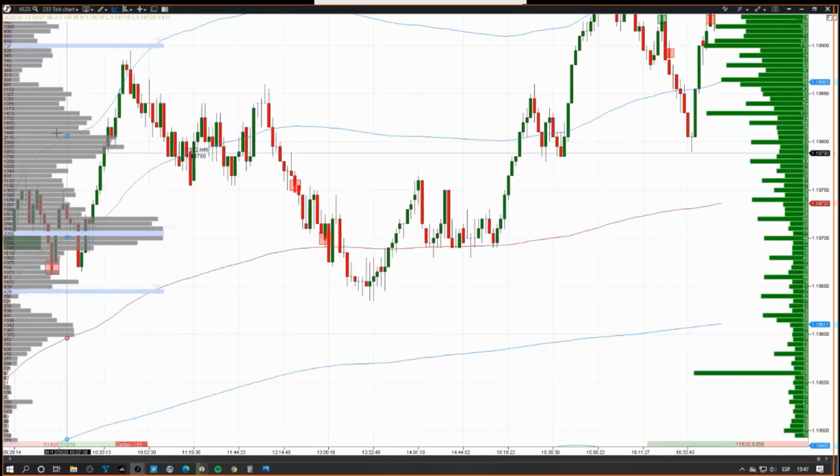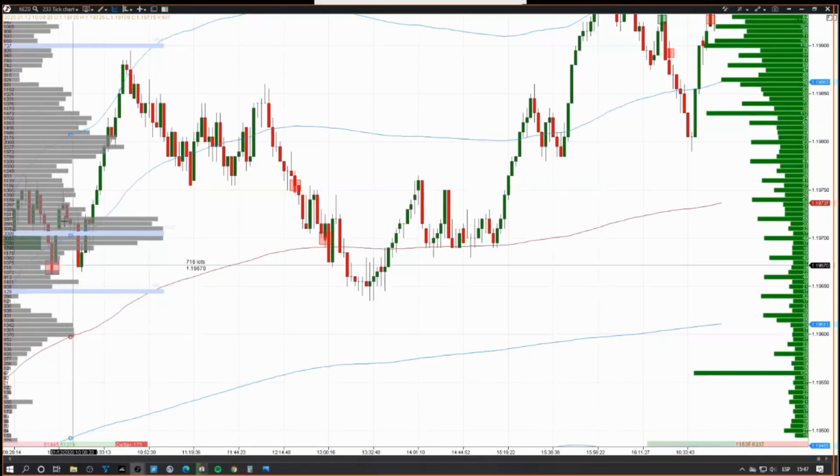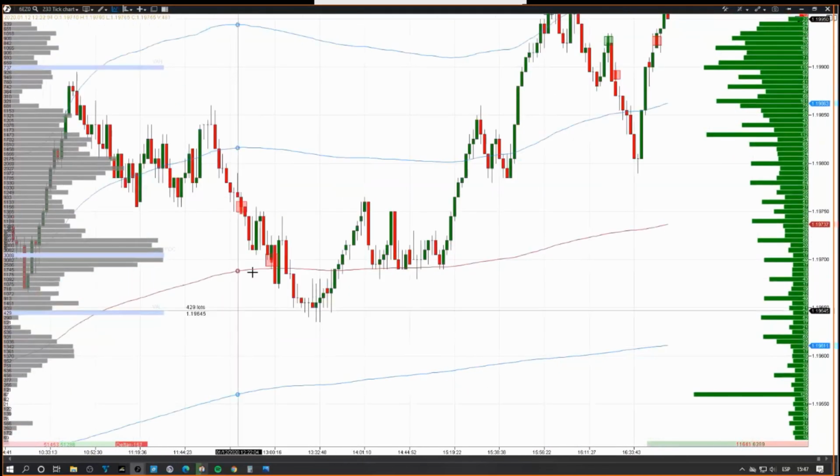Here you can see that at this price there were 3,088 lots traded. This is the most traded price of the day, so it's called the point of control. You can see that only if you're using volume horizontally. Vertical will be completely useless for these purposes.